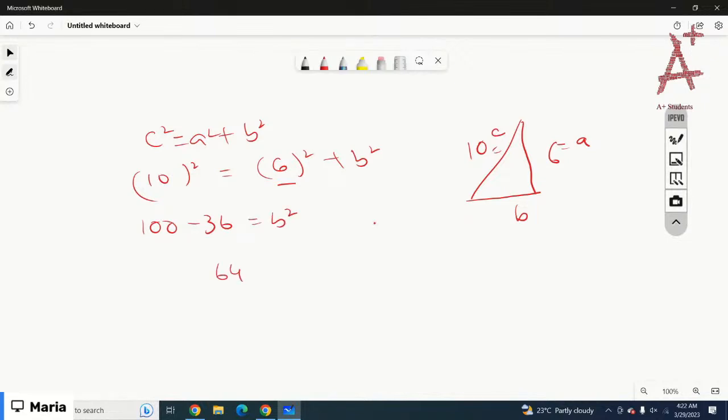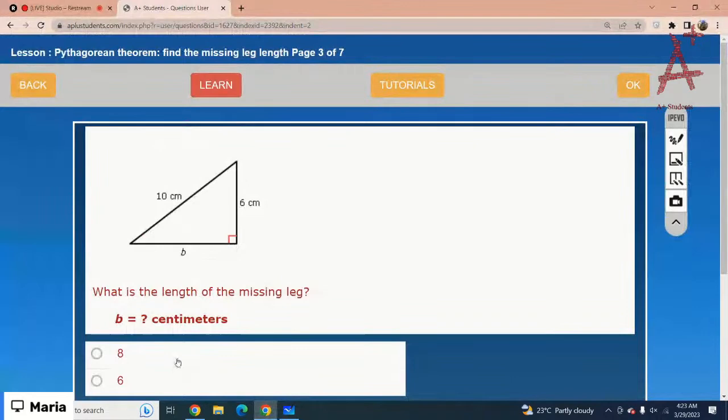It would be 100 minus 36, which is 64. Square root both sides, then b equals 8. So b equals 8. Got it? Yes, very good. That would be 8.